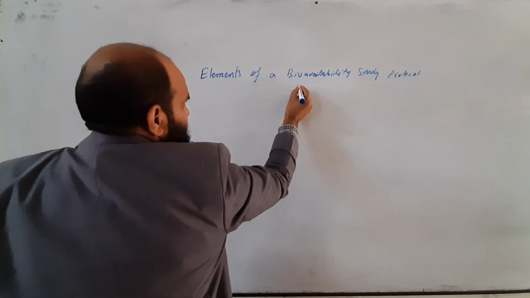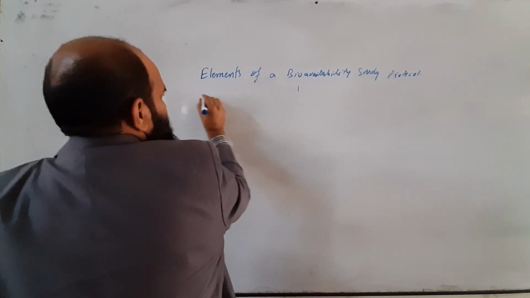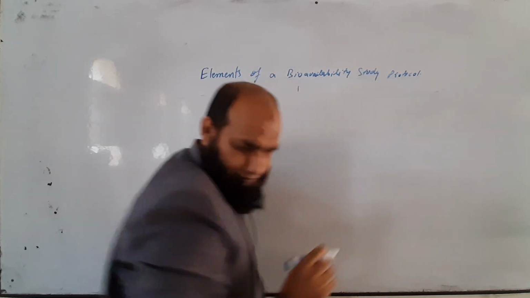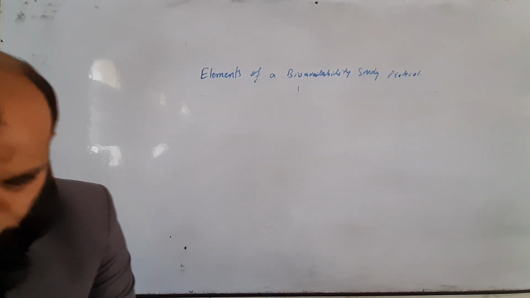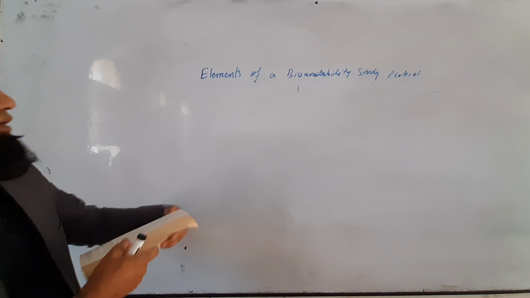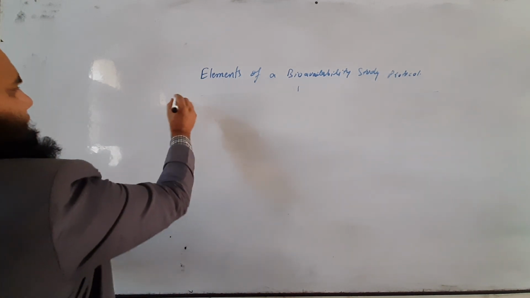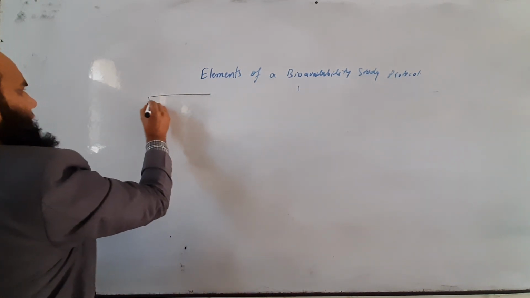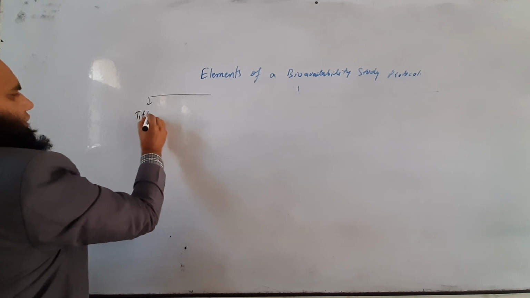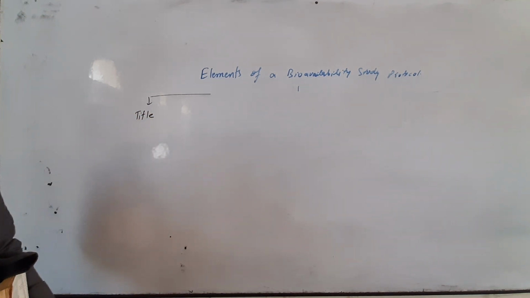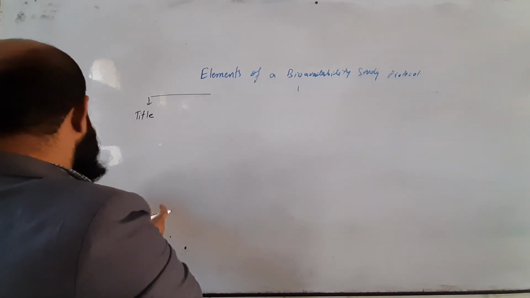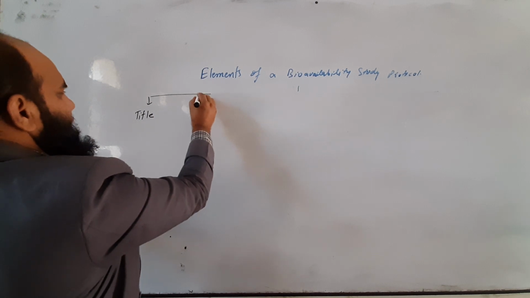We will divide these elements into 10 major segments. First, I will write the names. First one is the title. We should first design a title of the bioequivalence or the bioavailability study. Then, study objective.